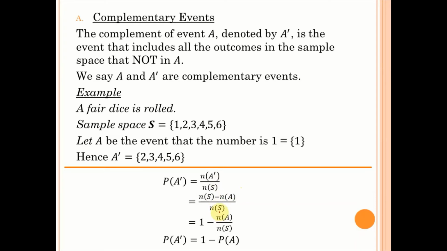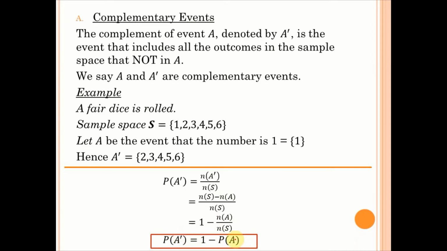Okay, and then over dengan n(S). So A prime ni ganti dengan ni. And then what happen is I separate this n(S) over n(S) minus n(A) over n(S). Okay, n(S) over n(S) is 1. This one is n(A) over n(S). So therefore P(A prime) equals to 1 minus n(A) over n(S), which is what? P(A). This one is a formula which you will use nanti bila you nak kira. Okay, P(A prime) is equals to 1 minus P(A).